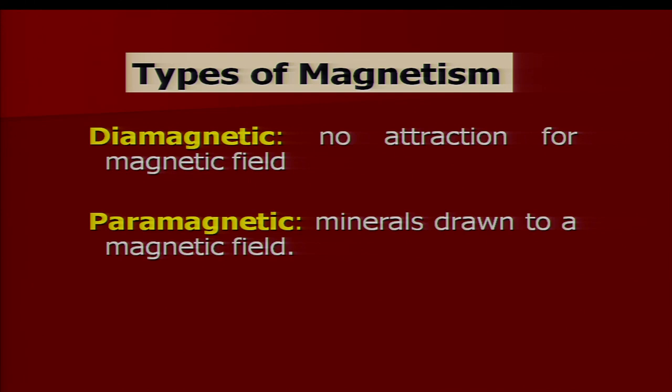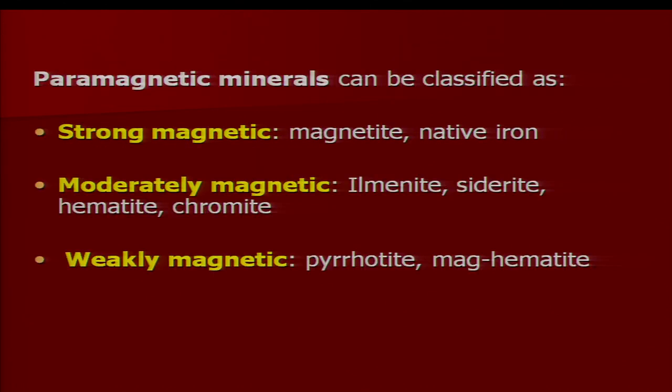Diamagnetic minerals show no attraction for a magnetic field. Paramagnetic minerals are drawn to a magnetic field, such as magnetite and ilmenite. Paramagnetic minerals can be classified as strongly magnetic, moderately magnetic and weakly magnetic minerals.